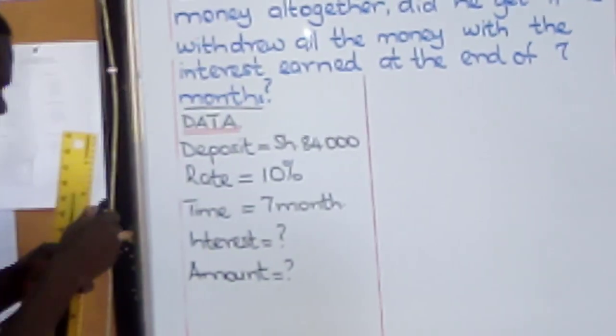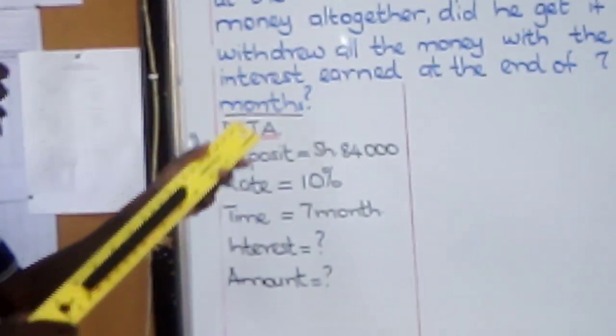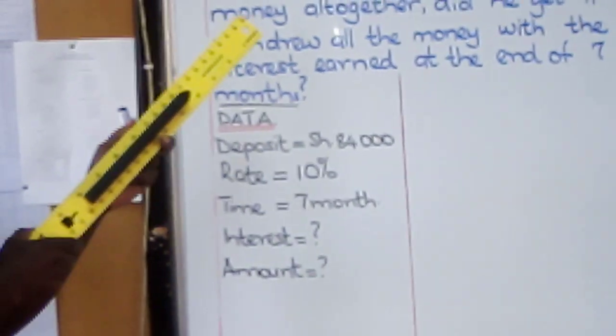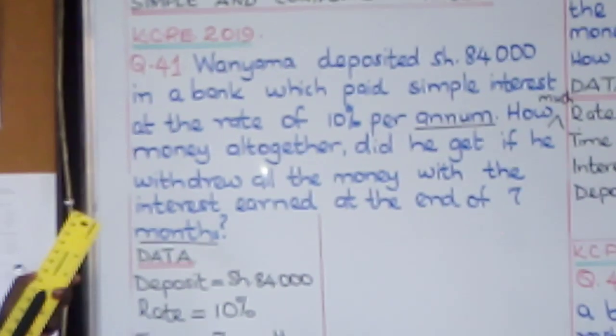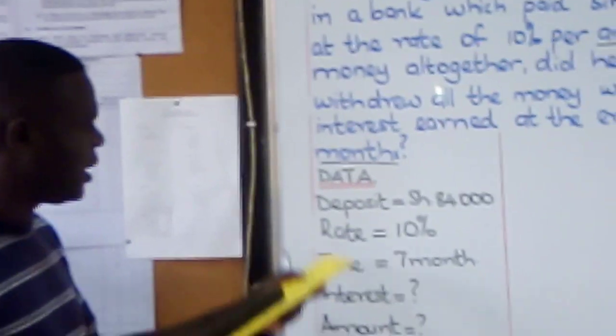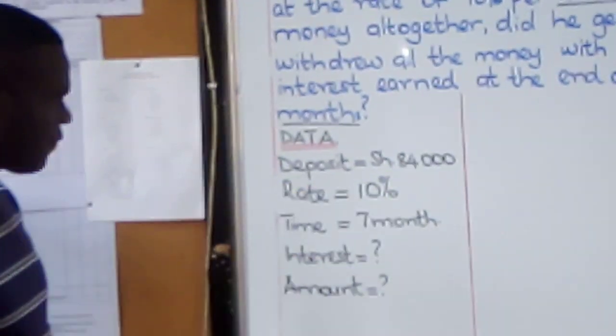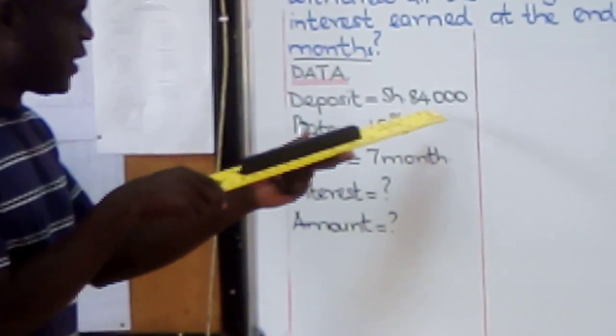All right. And remember, last time I taught you how to collect data from the word question. The question is too wordy and might confuse, and so you're supposed to break it down in a simple data collection like the one I've written here. Deposits were given as 84,000 shillings.